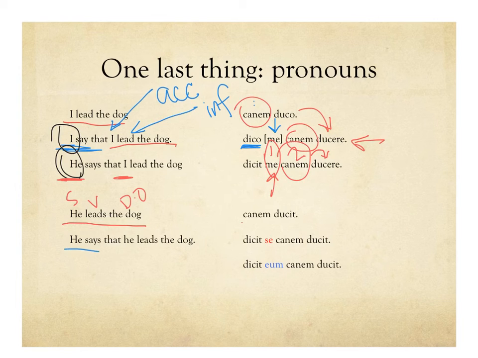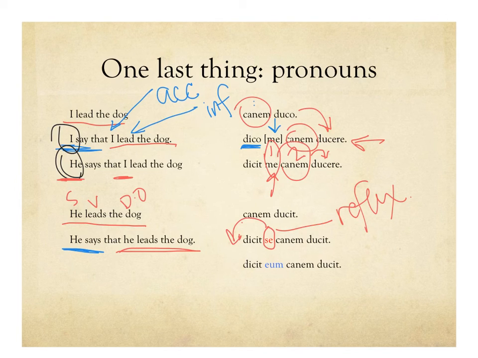If we change this to he says that he leads the dog, our problem now becomes who is he? And we have two different choices. So you can see we have dicit se canem ducere, or dicit eum canem ducere. In this, remember, se is a reflexive pronoun, so that means that this has to be the same as the subject of the main sentence.